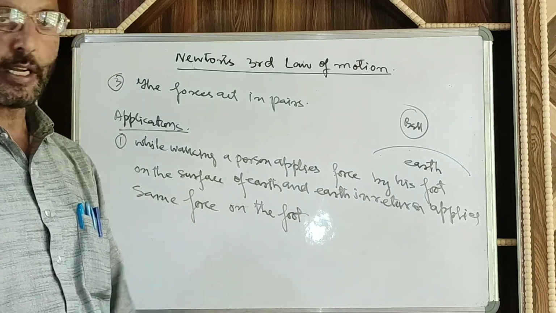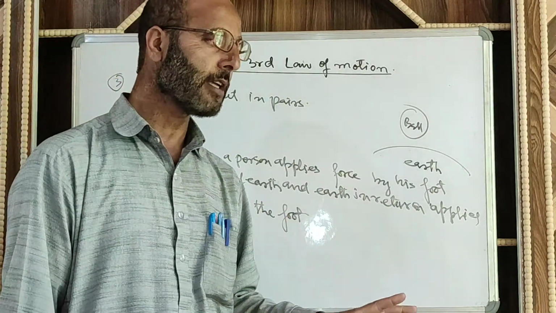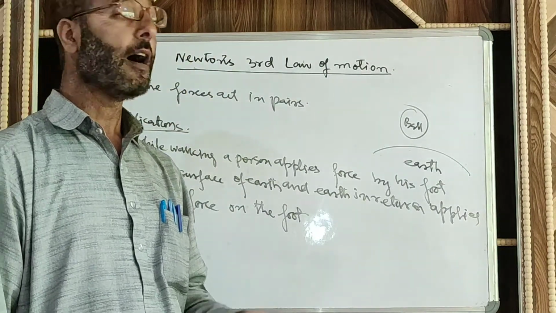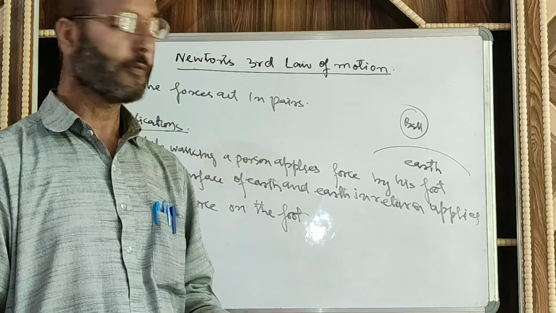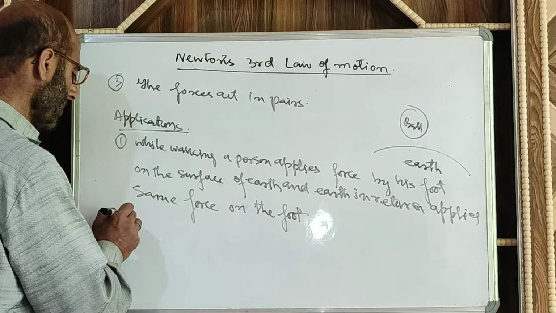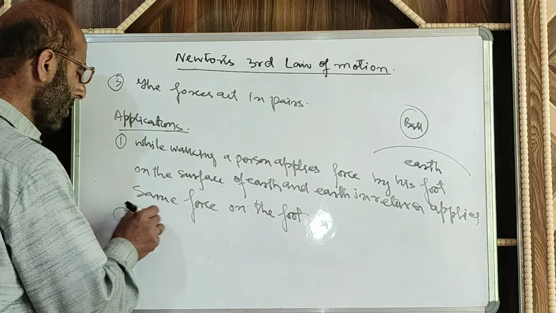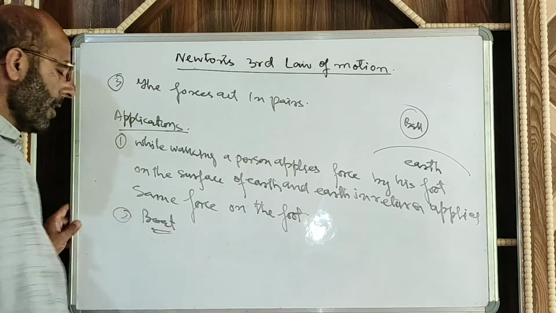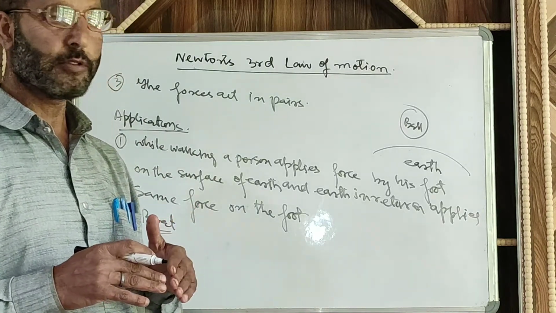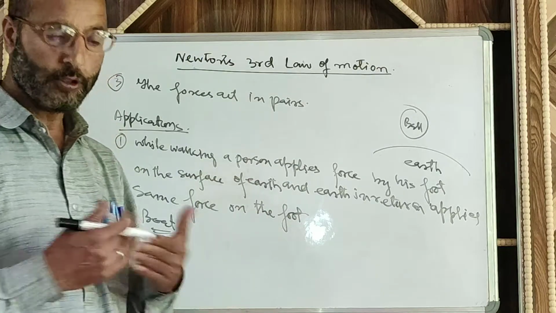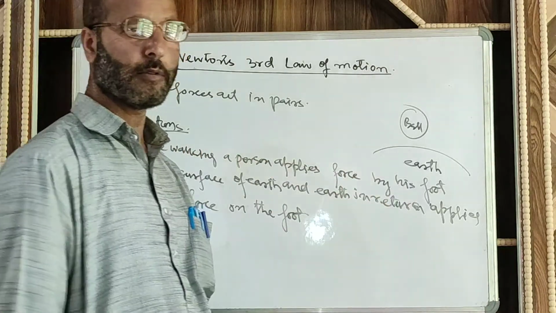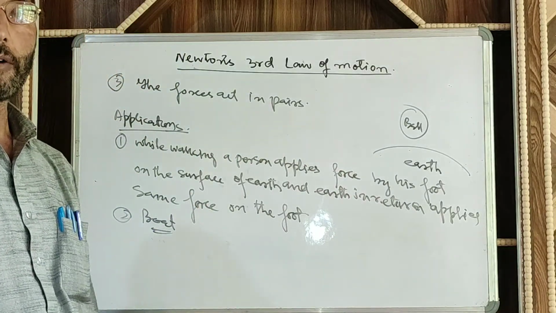Or because there is ice, the ice is not able to apply the same force on our foot, so we are not able to walk on ice. तो इसी तरीके से, if you are in a boat, you push the boat in the backward direction, but the boat gives you a push in the forward direction.